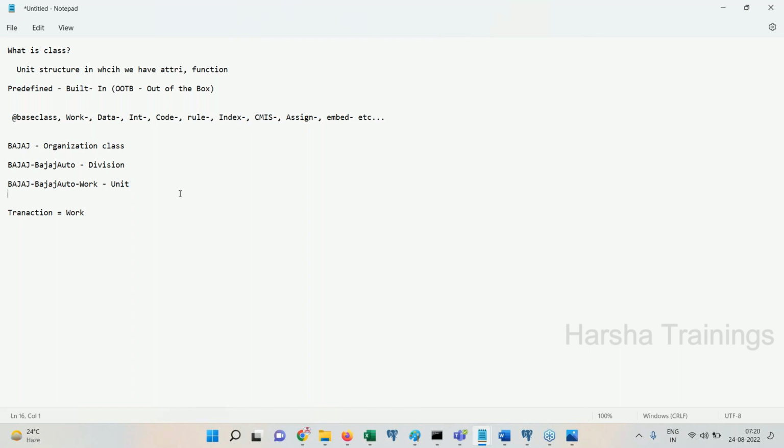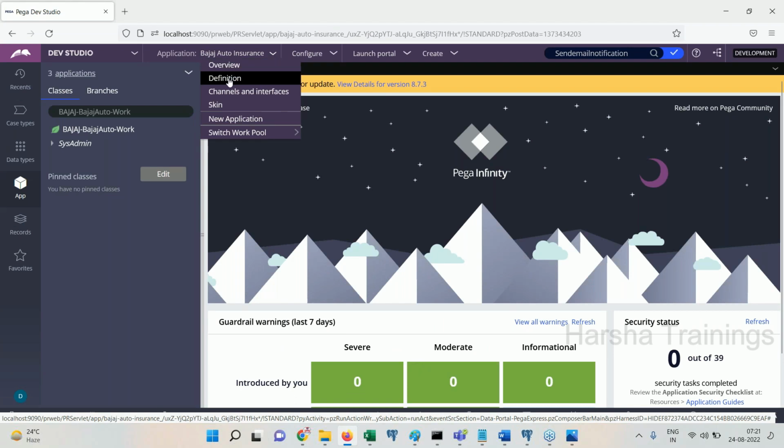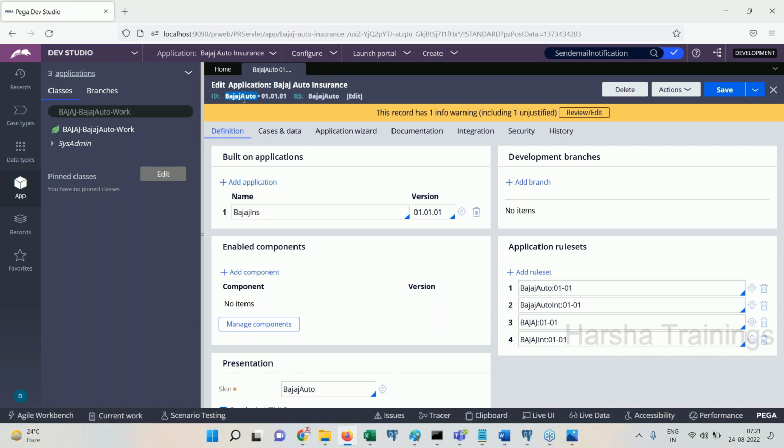So how many classes got created? Many were created, out of which we are focusing on 3 classes: Bajaj, the organization class; Bajaj Auto, the division class; and Work, the unit class. Look at the name of the application. What is the name of the application? Bajaj Auto Insurance is the display name. The actual name is Bajaj Auto.